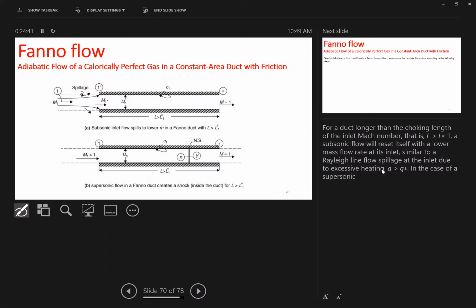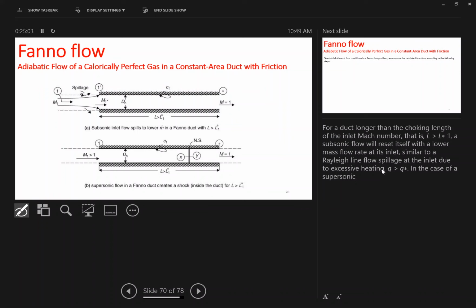So the main conclusion you should make here is this, for both Fano flows and Rayleigh flows. If you are approaching the flow with either a subsonic or a supersonic flow, right? And your length is larger than the sonic length, the flow will make some adjustment.